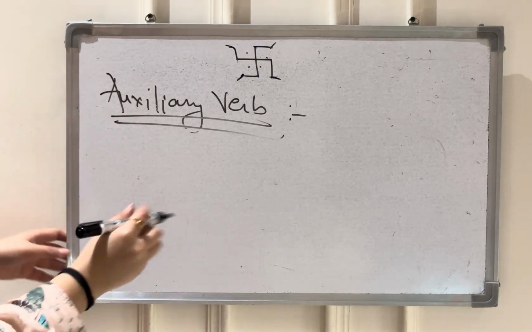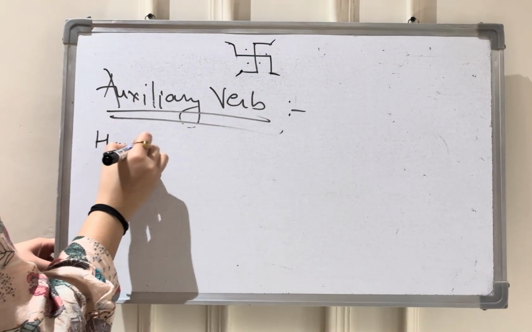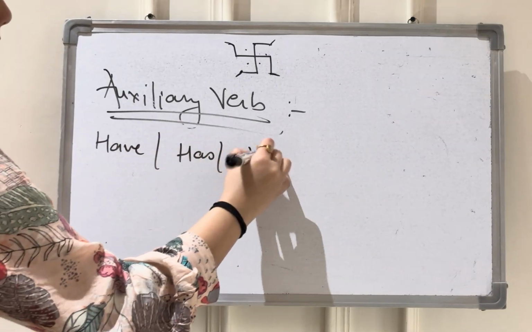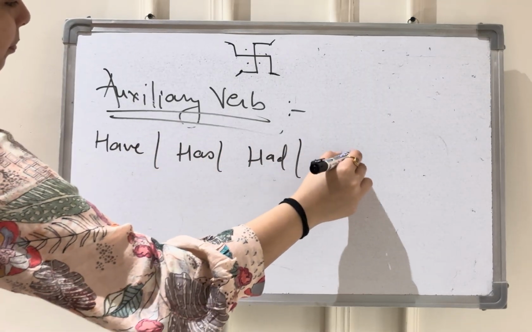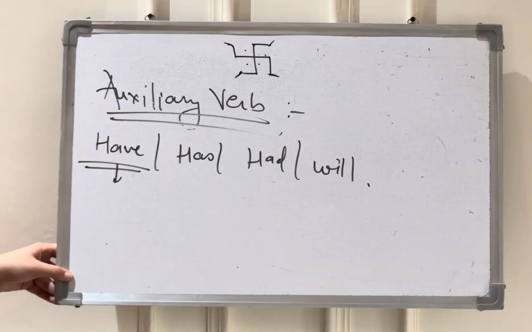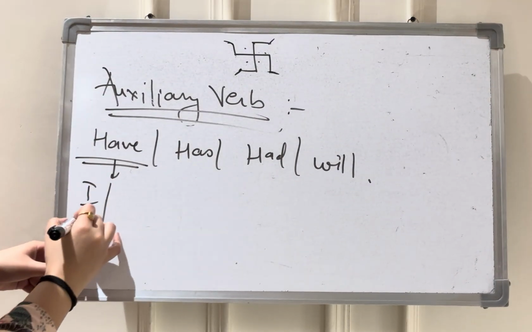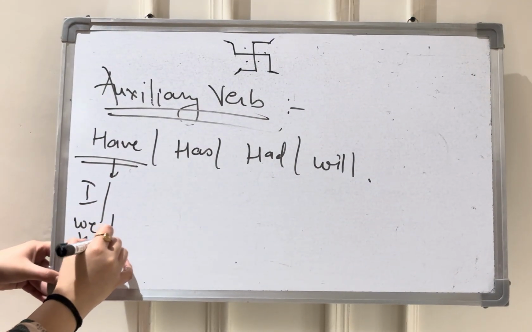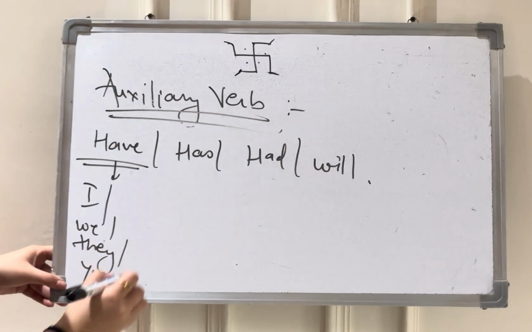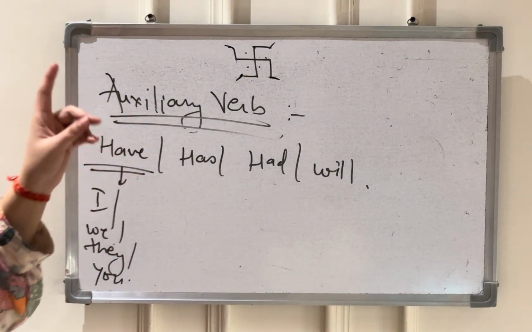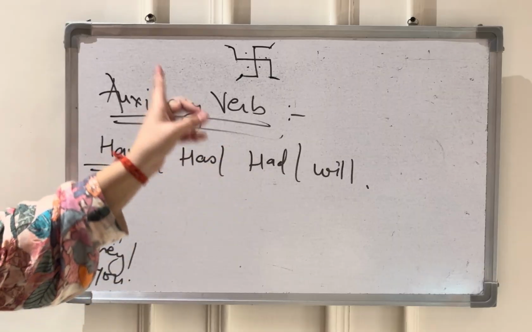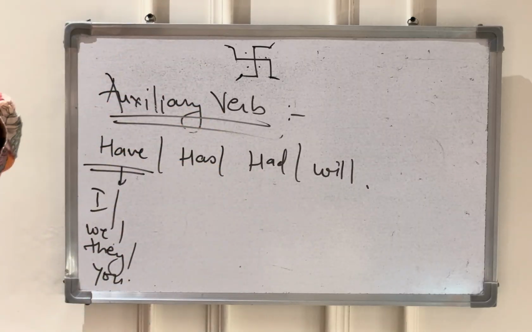The other type of auxiliary verbs were have, has, had, and will. What is have? Have will be used with I, we, they, you. You remember we used I with am, and we used I with was, which was singular. Now we are using I with have, which is plural.